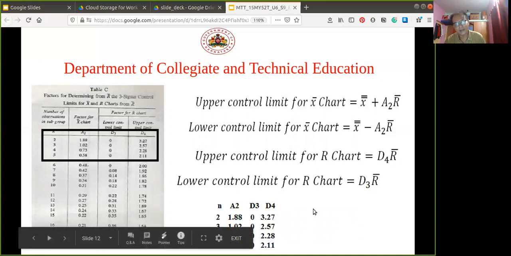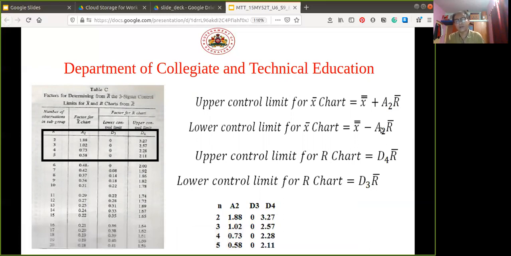Where exactly are we using these values? A2 is used in the formula for the upper control limit of the X bar chart. The upper control limit of the X bar chart is given by the formula X double bar plus A2 into R bar.